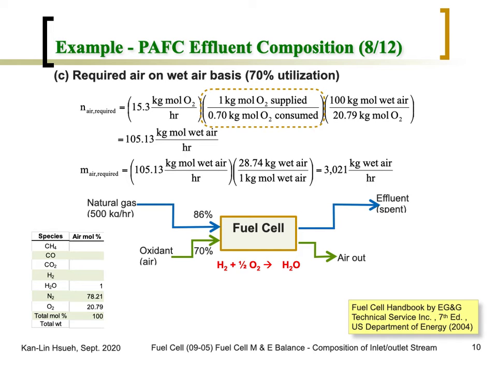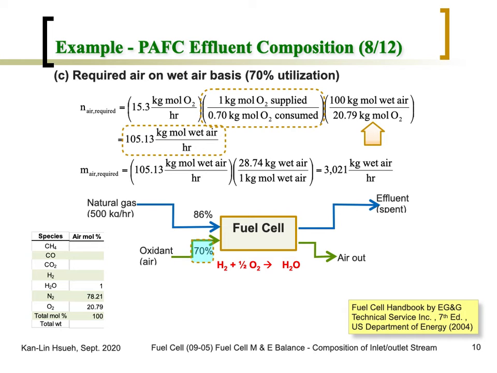And then for this kilomole of oxygen, we want to know how many kilomole of wet air. The oxygen occupies 20.79 mole percent of the air flow stream, so we divide by 0.2079, and then we're able to calculate the total molar flow of the wet air input.